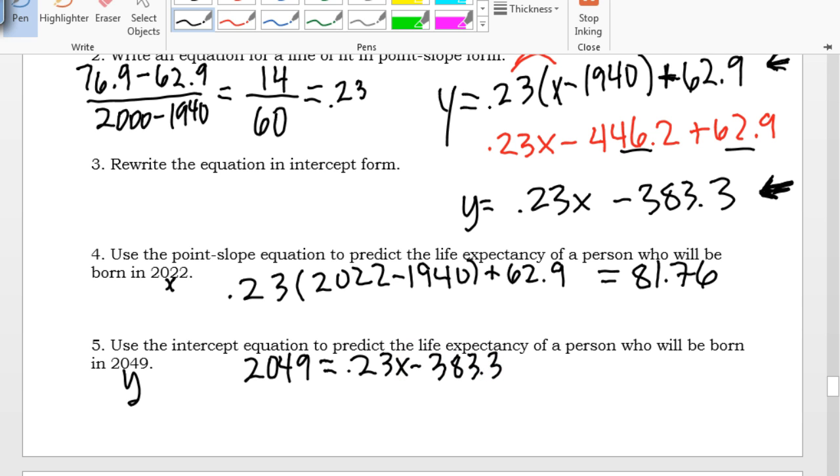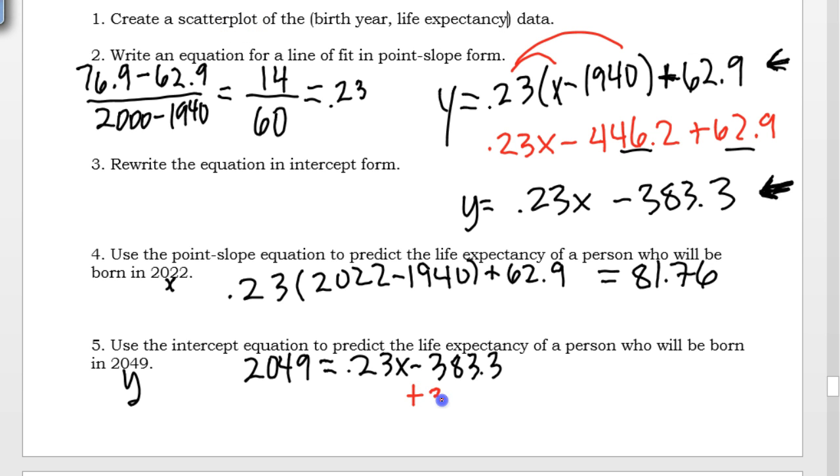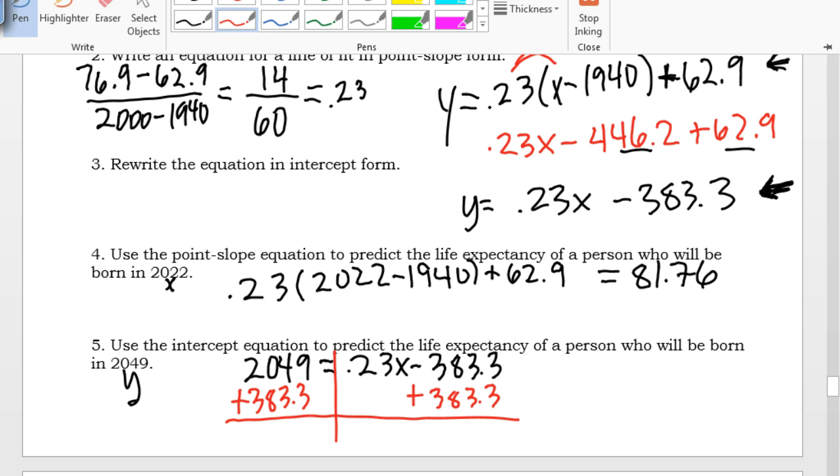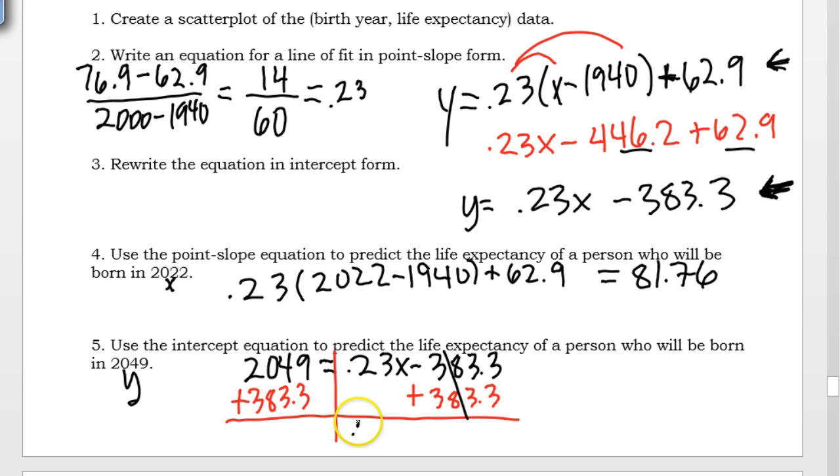The first step would be to add 383.3 to both sides of the equation. Then we can divide both sides of the equation by 0.23.